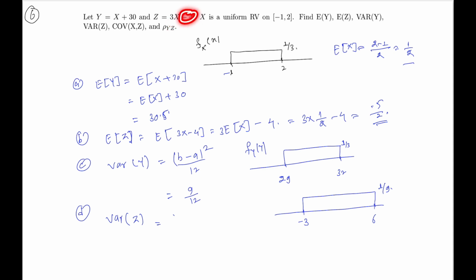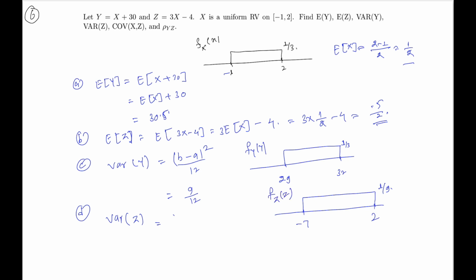Here the minus sign is there, so we need to shift this 4 units left. If you shift this PDF 4 units left, minus 3 will get shifted to minus 7 and 6 will get shifted to 2. This is the PDF of this random variable z.